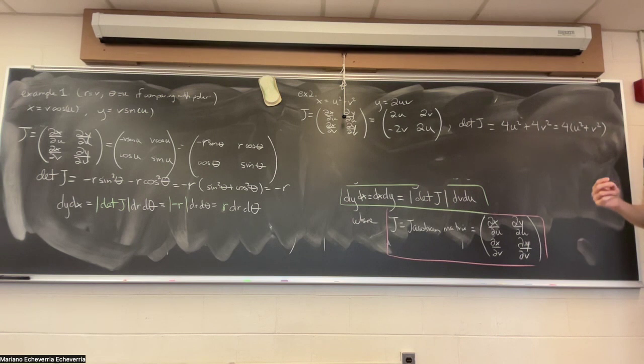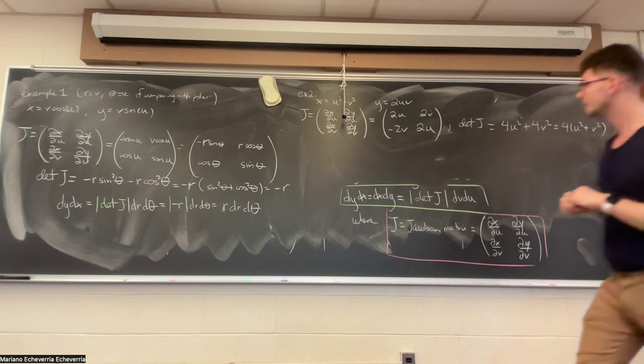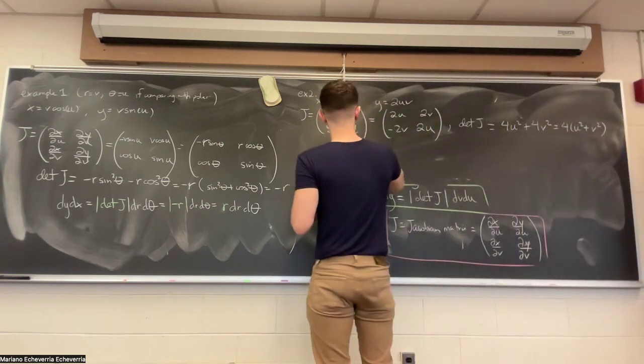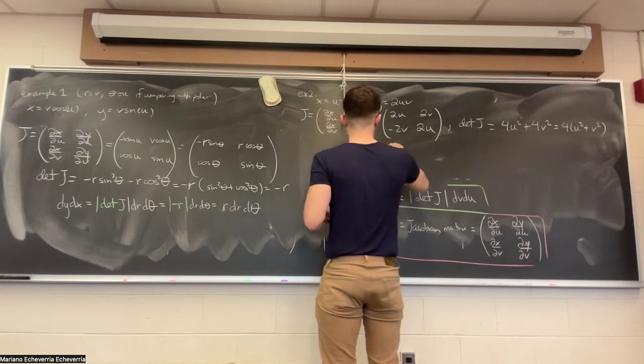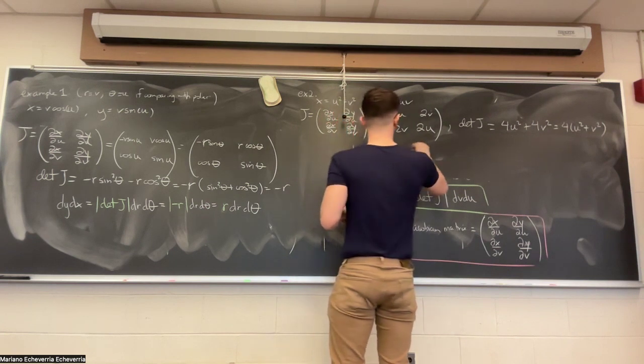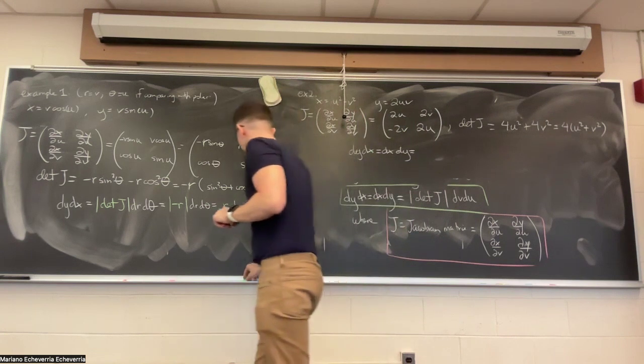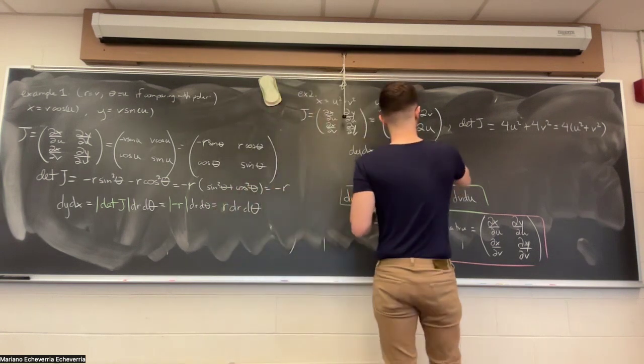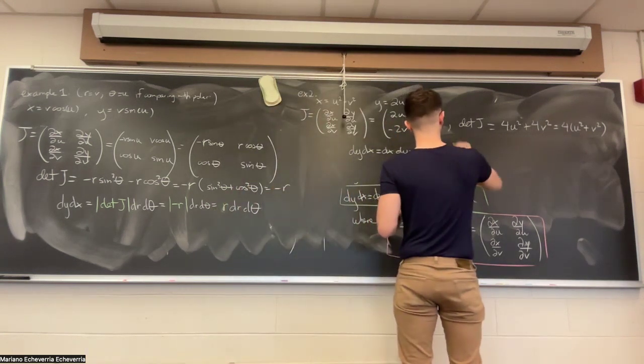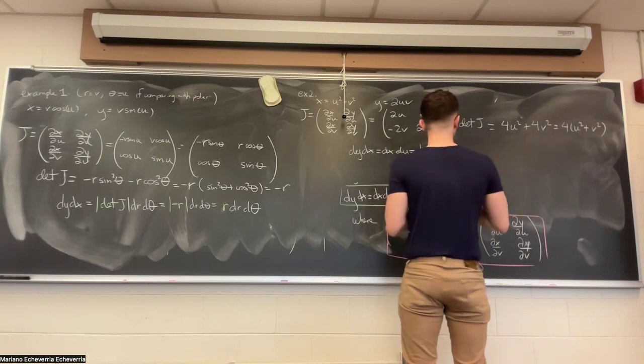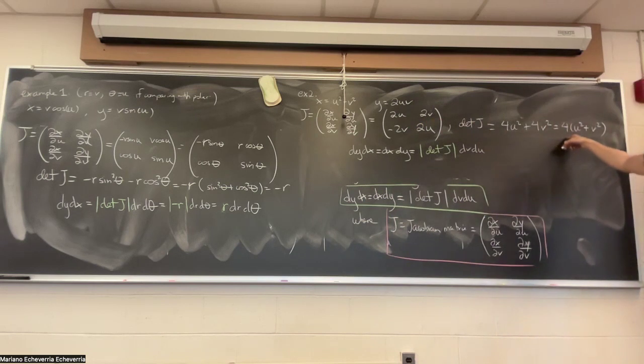And what the change of variables says is that dy dx, which is the same as dx dy, right? According to the change of variables formula, that is the absolute value of the determinant times dv du. It's just that in this case, this is clearly already non-negative to begin with, because it's a sum of squares.